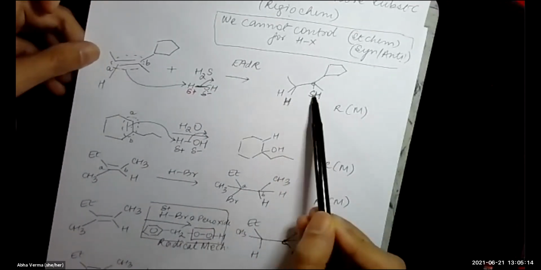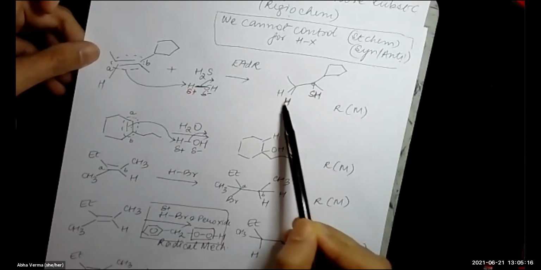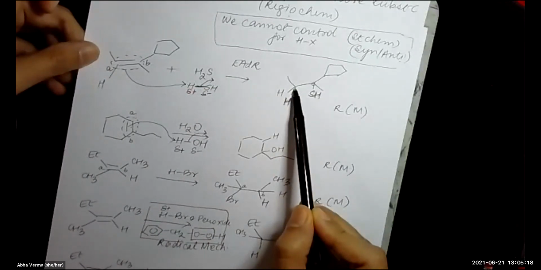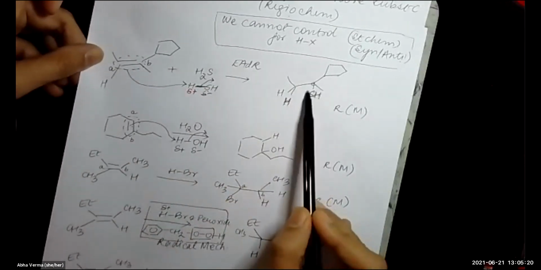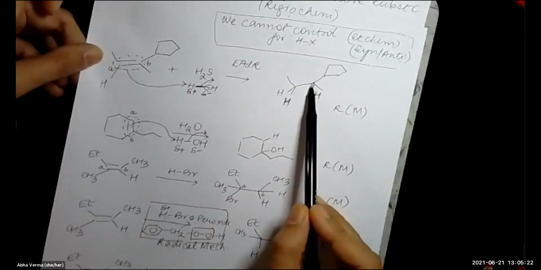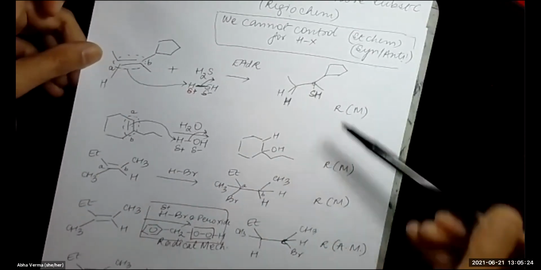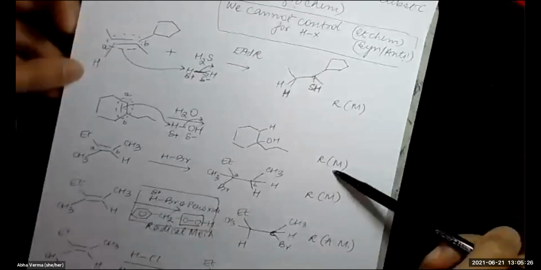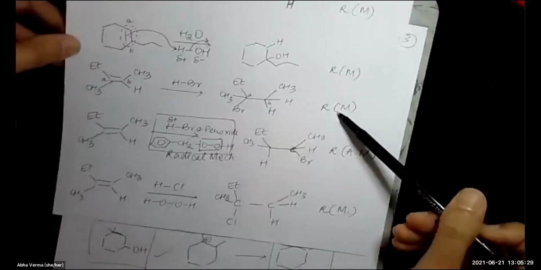So between the polar binary reagent, electrophilic part goes to the less substituted carbon, and the nucleophilic part goes to the more substituted carbon. Markovnikov regiochemistry.